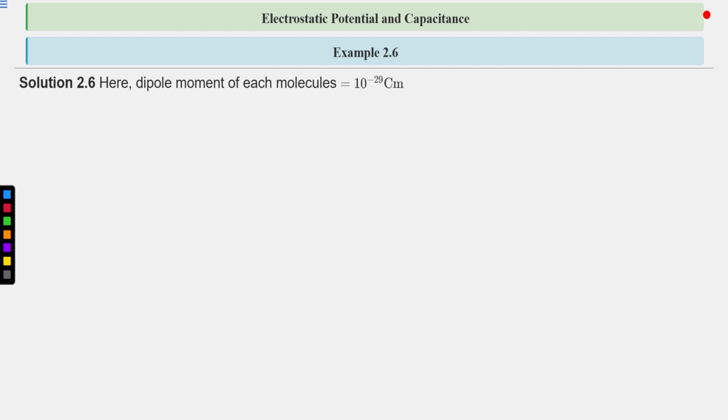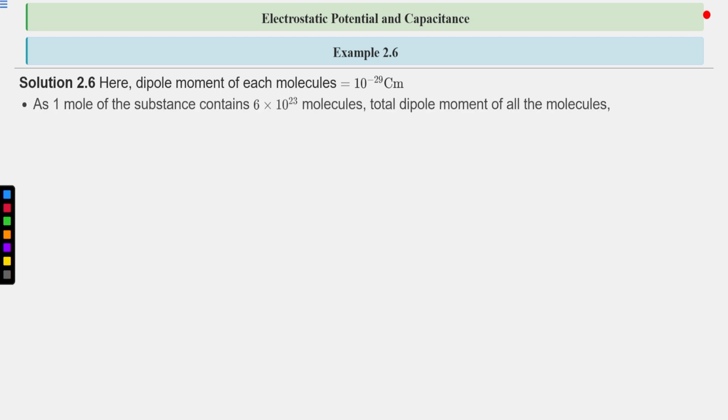So coming to the solution, the dipole moment of one molecule is 10 raised to power minus 29 coulomb meter. As we are taking 1 mole of the substance, 1 mole contains 6 into 10 raised to power 23 molecules. So the total net dipole moment of all the molecules is P equals 6 into 10 raised to power 23 into 10 raised to power minus 29 coulomb meter.